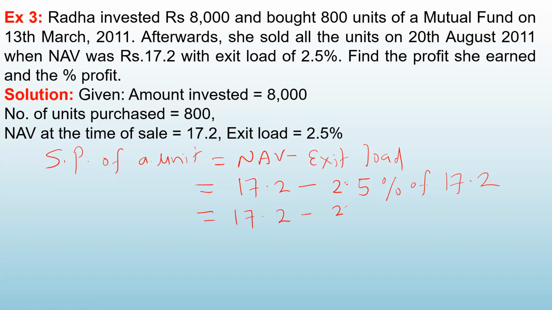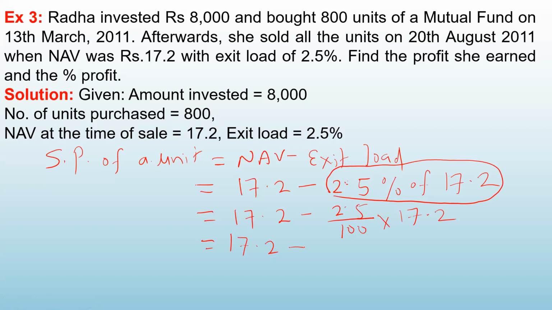17.2 minus 2.5% of 17.2. This is what you have to calculate. How do you calculate that? 2.5 upon 100 into 17.2. So 17.2 minus, calculate 2.5 into 17.2 divided by 100. That will give you 0.43.